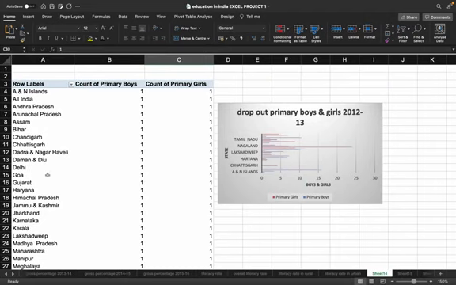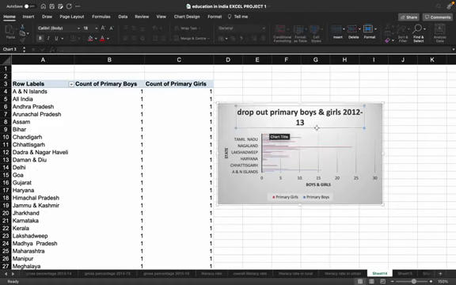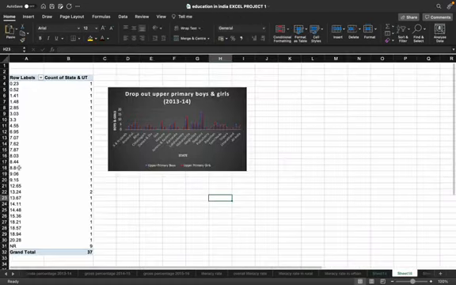The pivot table and chart for dropout primary boys and girls between 2012 and 2013. Next, the pivot table and chart for dropout primary boys and girls between 2013 and 14.